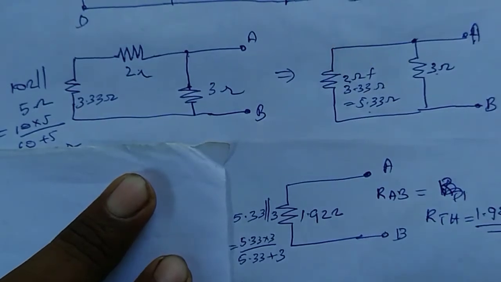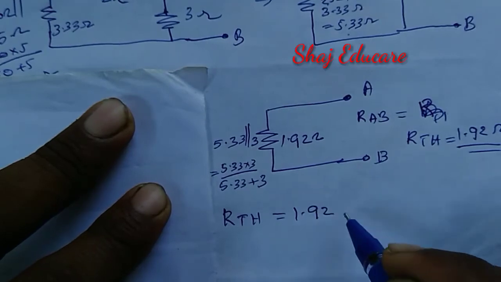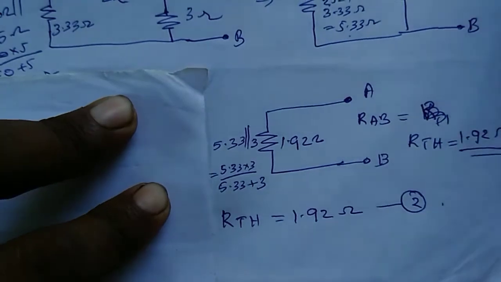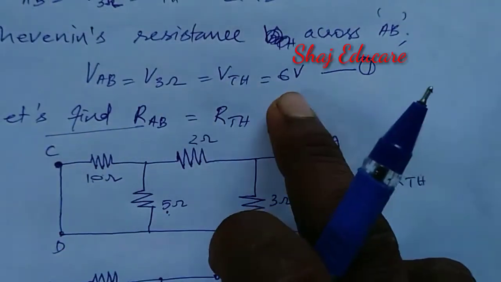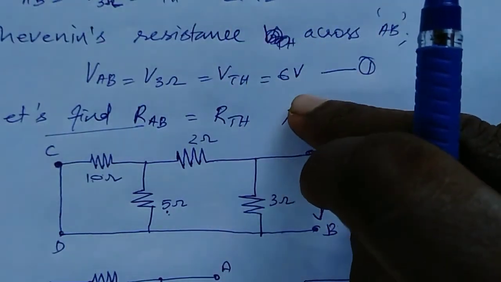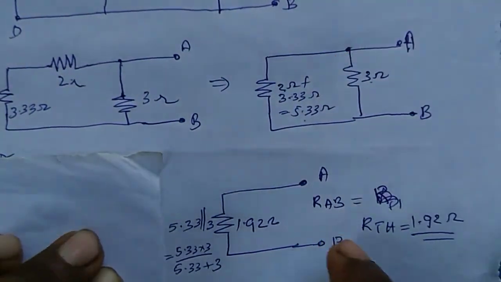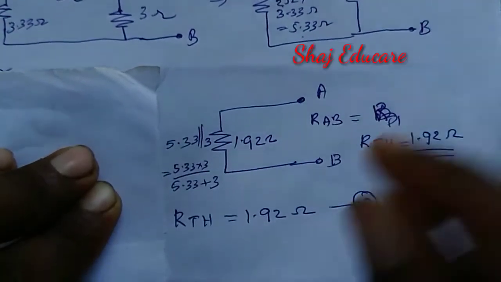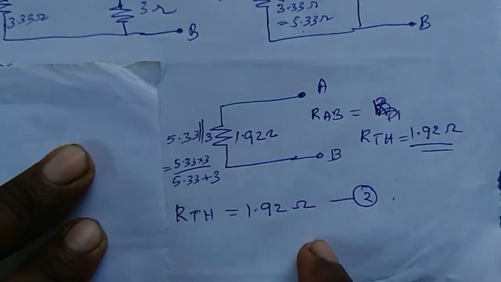Now we obtained both VTH and RTH. RTH is equal to 1.92 ohm. Let us mark it as equation number 1, where VTH is equal to 6 volt, the voltage across AB, and RTH is equal to RAB, which is 1.92.